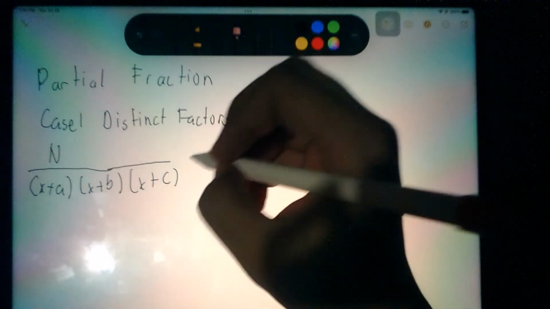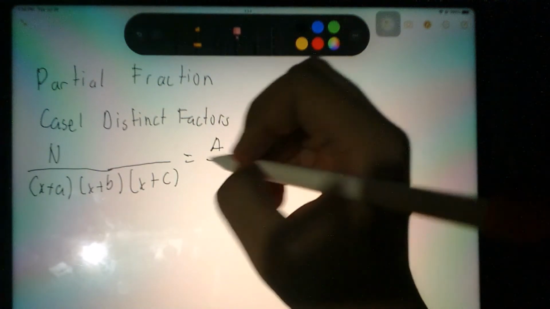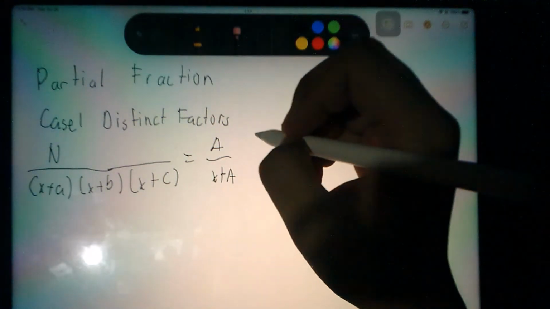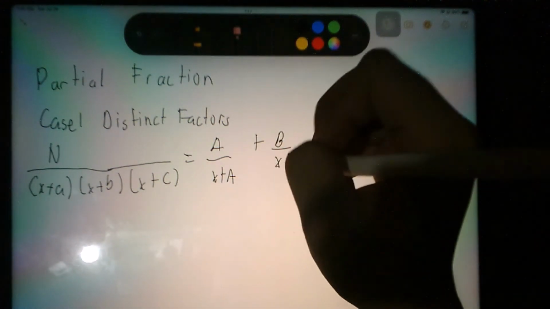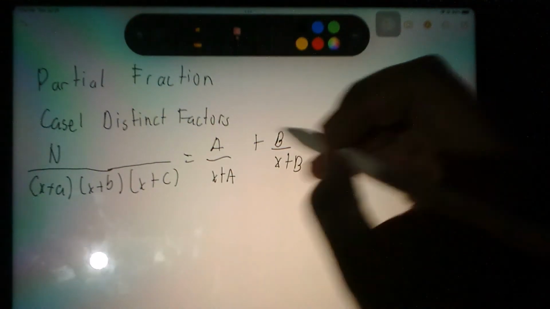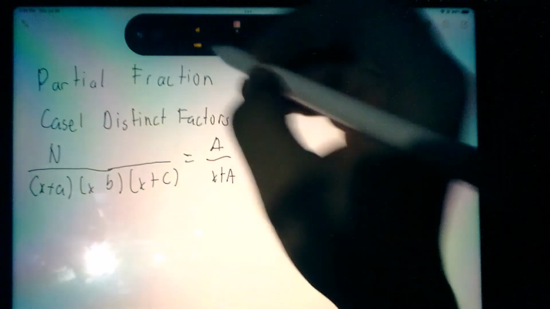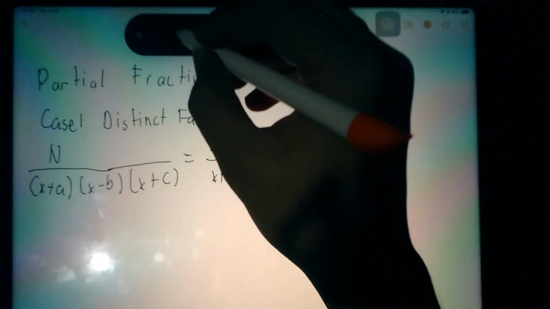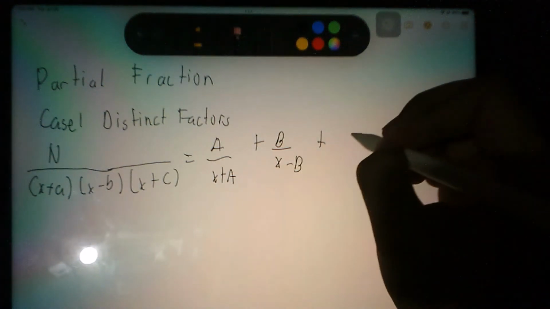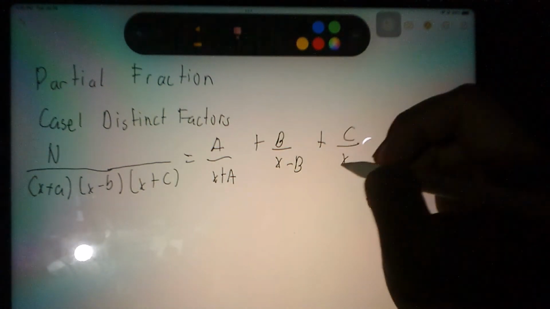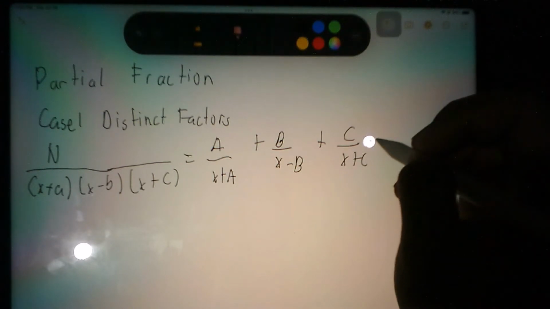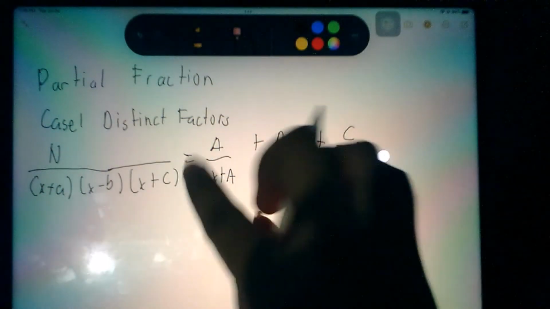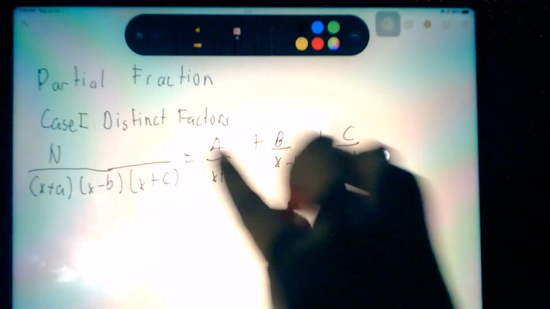So this will become a over x plus a, plus b over x plus b, let's say here this is negative b, plus c all over x plus c. If the factors of your denominator are distinct, use case 1, and that is distinct factors.